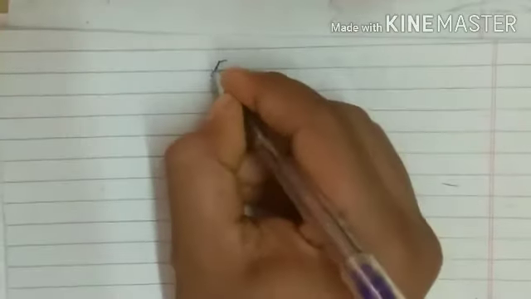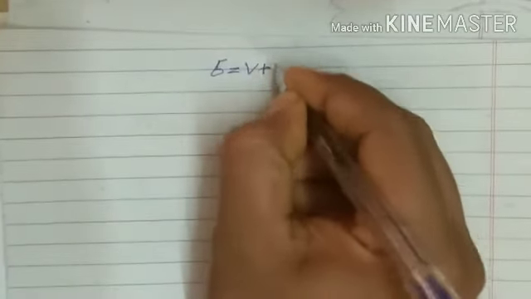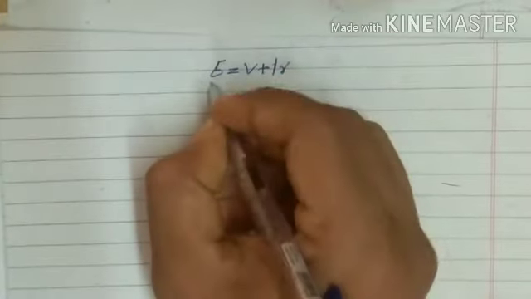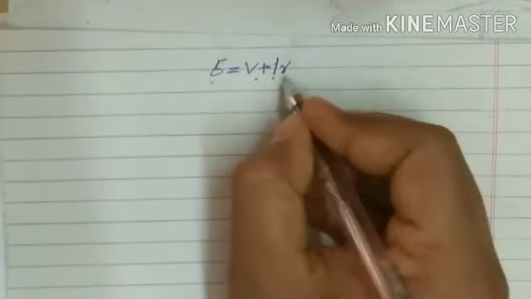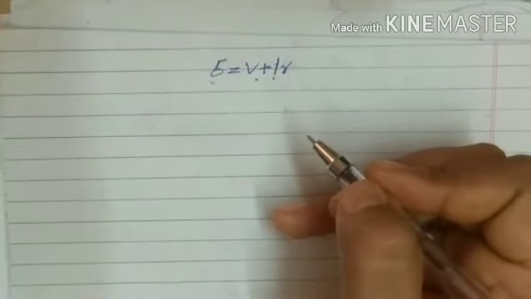I think you guys remember the equation for internal resistance that we derived in our previous sessions. What is the relation between EMF, potential, current and internal resistance? The equation was E is equal to V plus I r, where E is the EMF of the cell, V is the potential in the circuit, I is the current and r is the internal resistance.